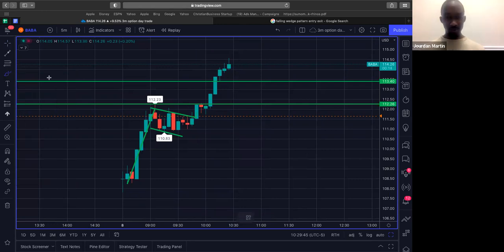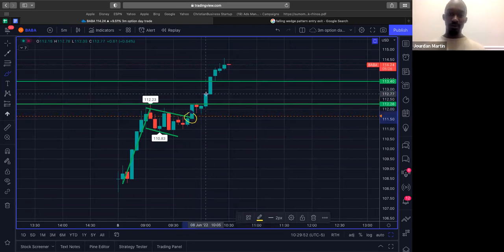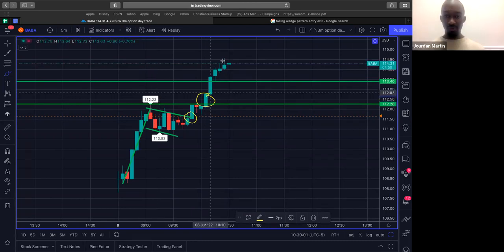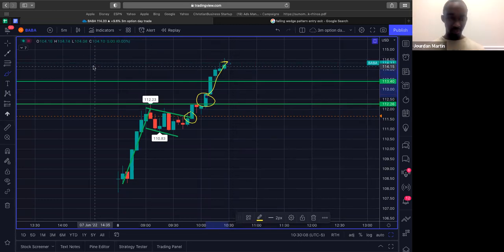Aggressive entry point would have been here on the break of the bull flag, right? And then conservative would have been here on the actual close above the high of the flag. And either way, you would have been in profit, caught a nice move. Cool. Just wanted to explain that.